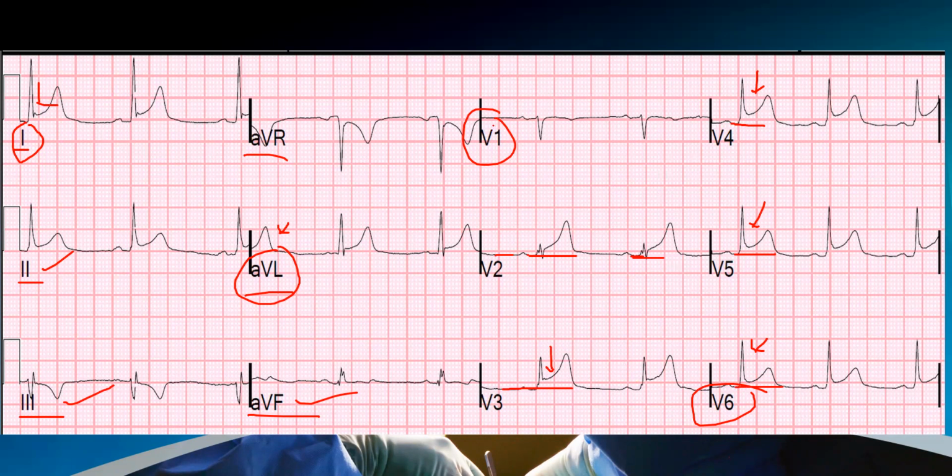Okay. After you have checked V1 to V6, you immediately look at lead 1 and AVL. Lead 1 has ST elevation. Now you look at lead AVL, a little bit. Okay, so you can say that it's an anterolateral MI, but you have to look at lead 2, 3, AVF for that reciprocal ST depression. Now, if you look here, see that lead 2 also has ST elevation, lead 3 nothing, lead AVF also has ST elevation.